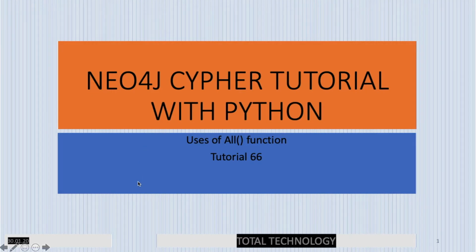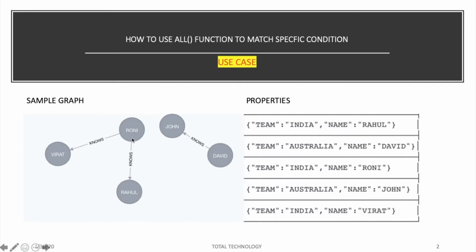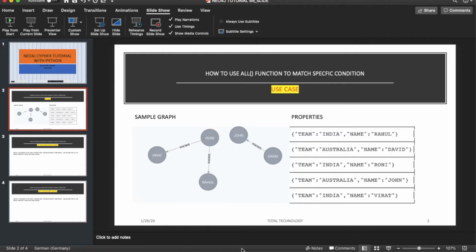And here also, it is connected from Ronnie to Rahul, the direction is outbound from Ronnie to Rahul, and the relationship name is nose. And from here another pattern, from David to John, and again the relationship name is nose. A few properties are there, so we'll be using those while developing our nodes and graph.